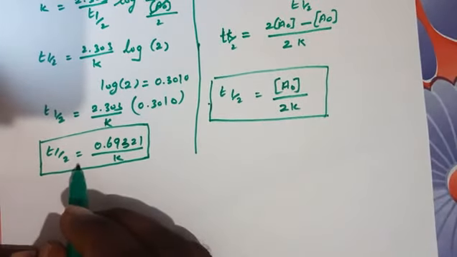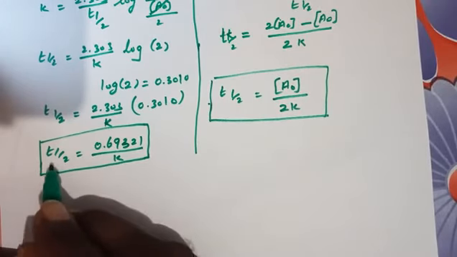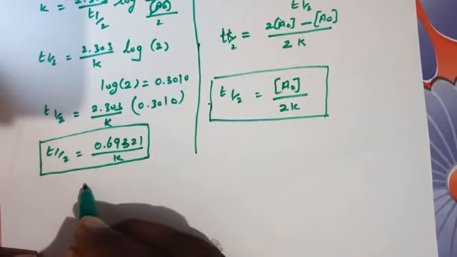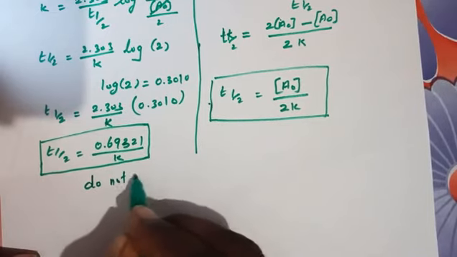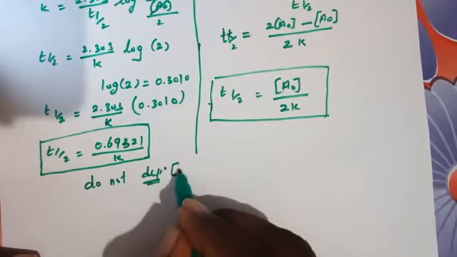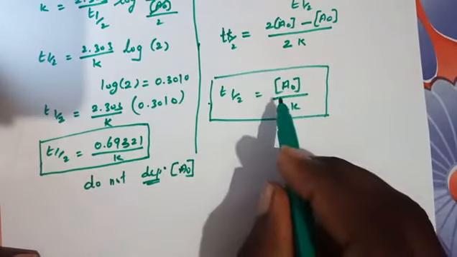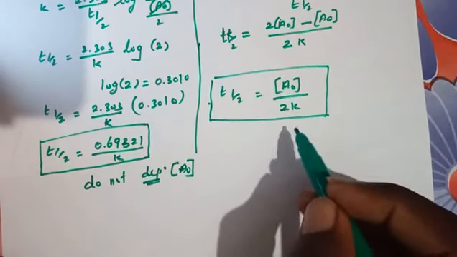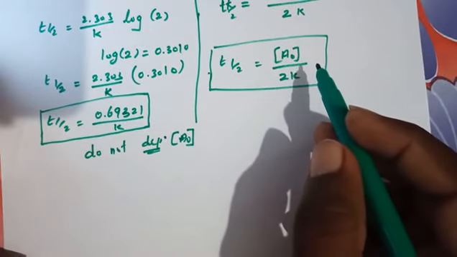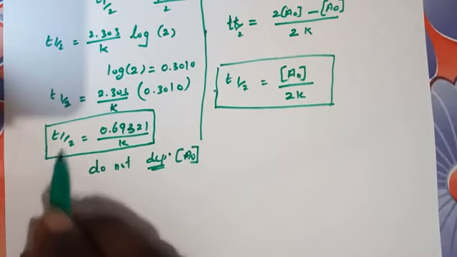There is no concentration term present in the t half value of a first order reaction. So for a first order reaction, the t half value is independent of, or does not depend on, the initial concentration A naught. In a similar way, for a zeroth order reaction, A naught is present, so it depends on the A naught concentration, or initial concentration of the reactant. In the similar way, we can predict the unit of t half.